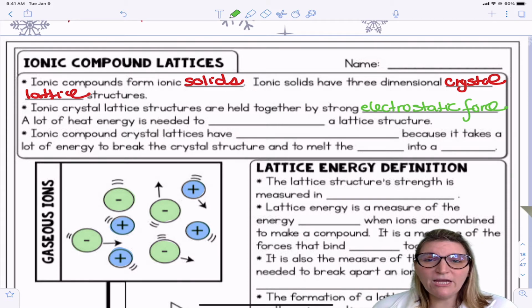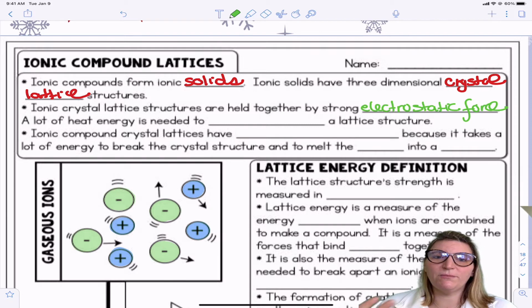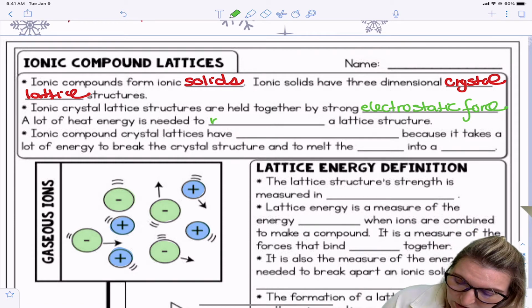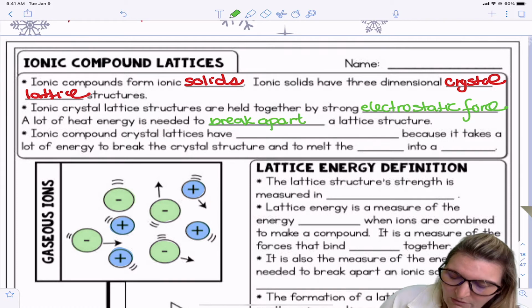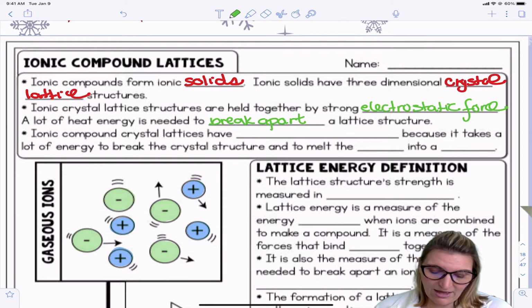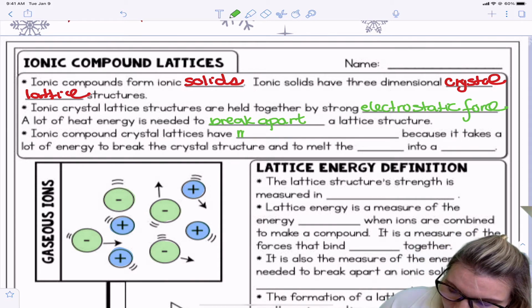An awful lot of heat, which is a form of energy, is needed to break apart a lattice structure. If we're going to put salt and heat it up so much that these particles overcome their really strong attraction, you're going to need an awful lot of energy, which is why they all have really high melting points.